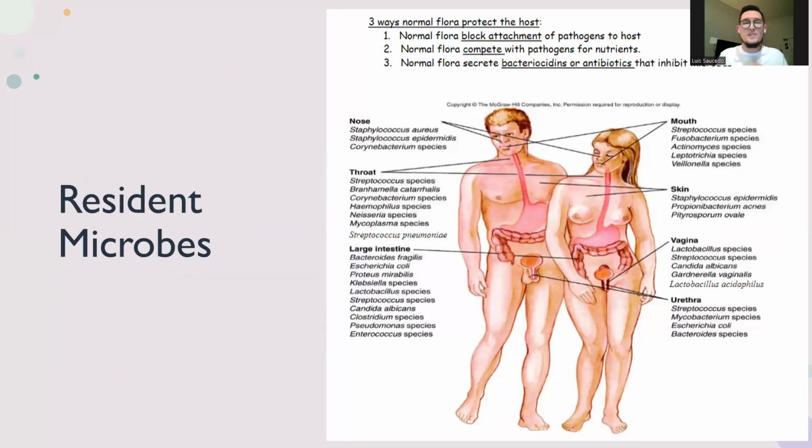Just know a few resident microbes. You don't need to know all of them. Just the basic ones you should know: Staph aureus, Staph epidermidis. I would know your vagina ones and maybe your urethra one as well, because those we don't typically deal with, or anything in the intestine, E. coli. If you know at least one, maybe two, you should be good. But one for sure. I'd know two just in case, to be safe.